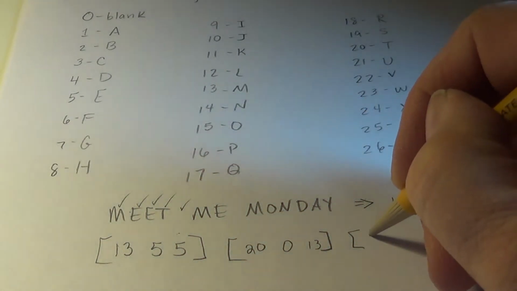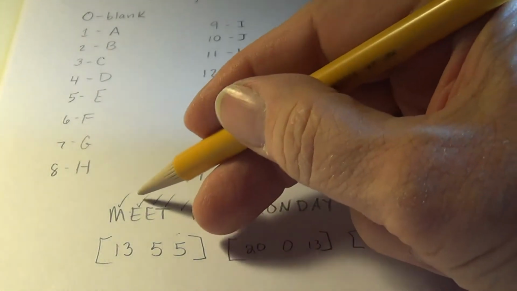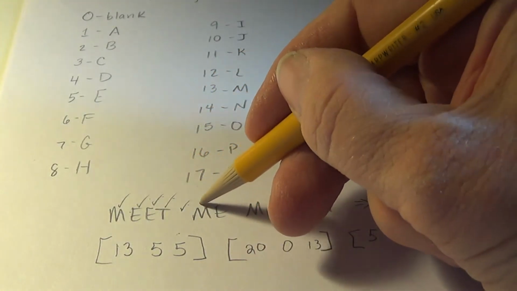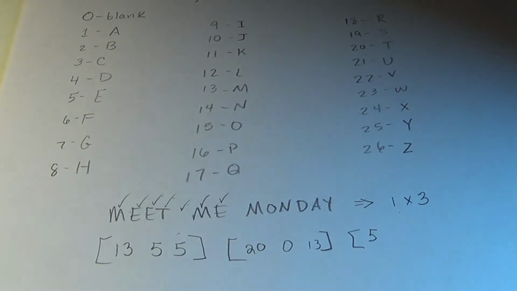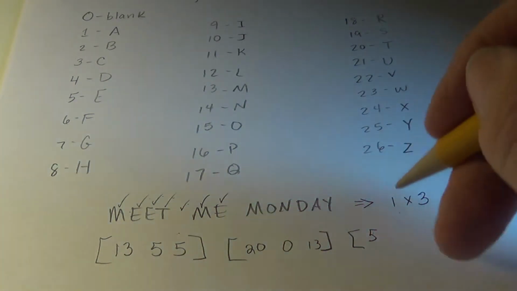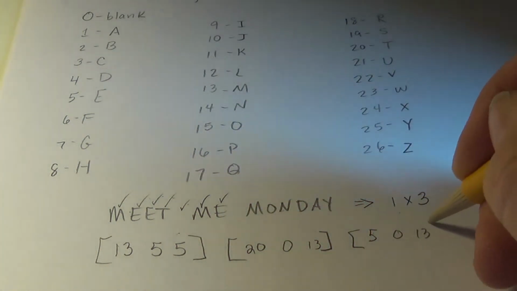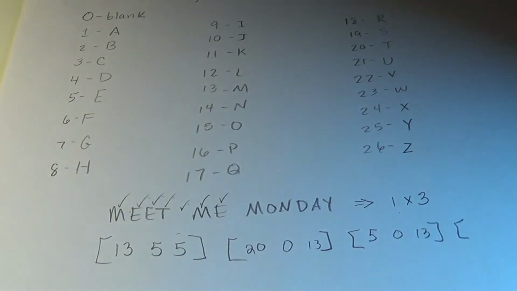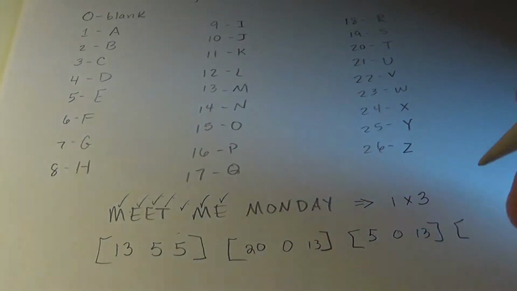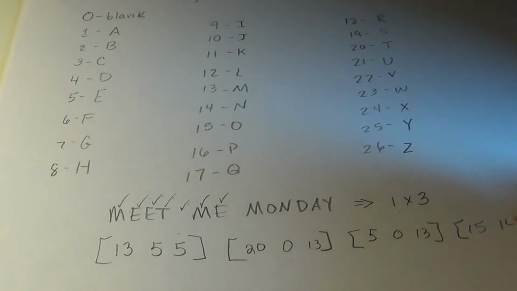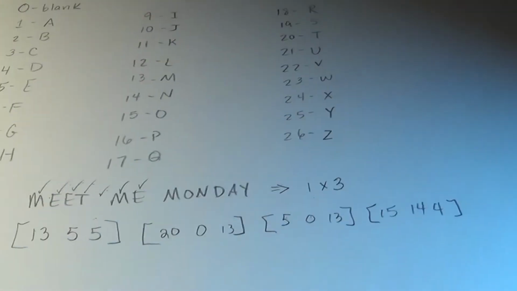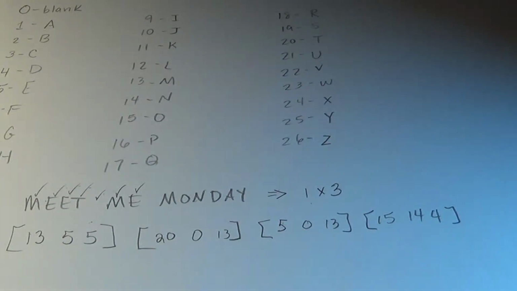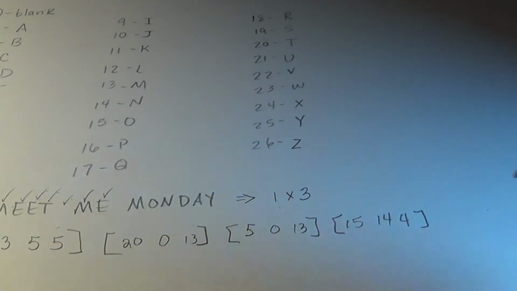So I'm going to get 5, 0, 13, and 15, 14, 4, and 1, 25, 0.